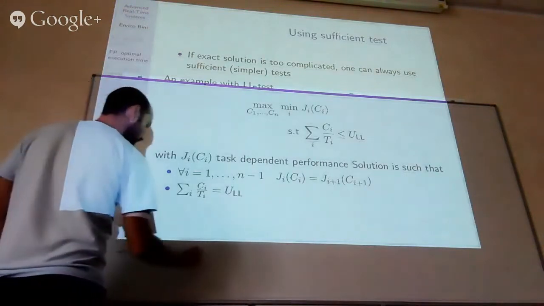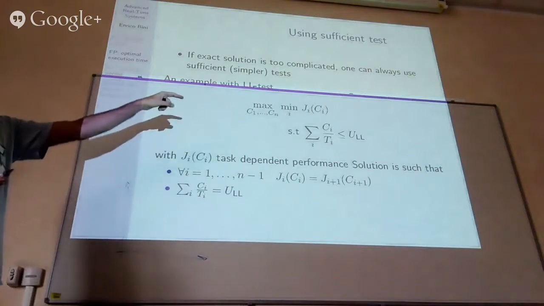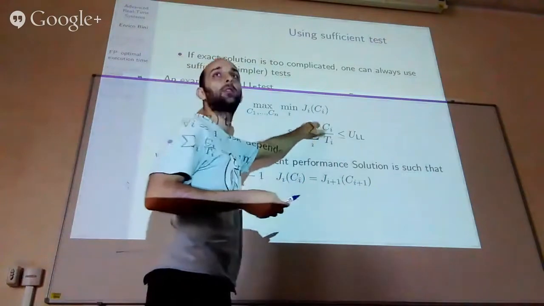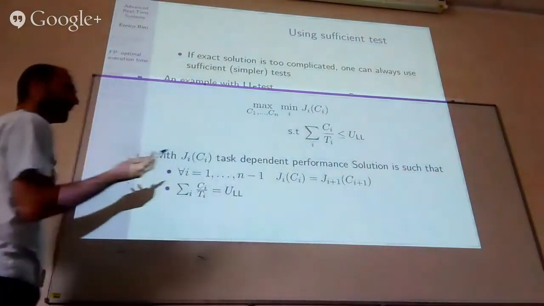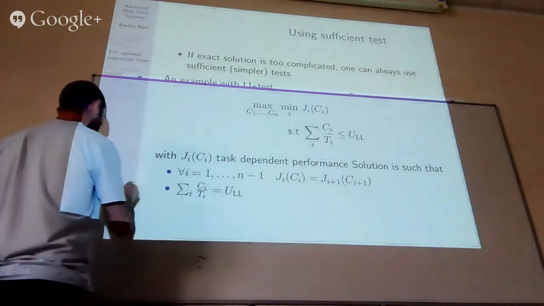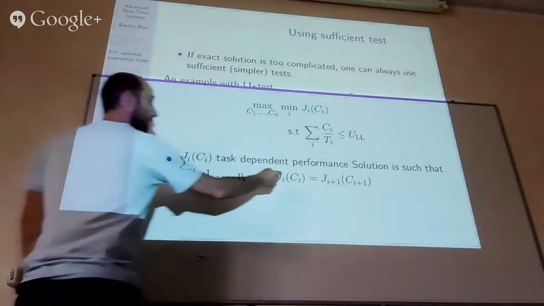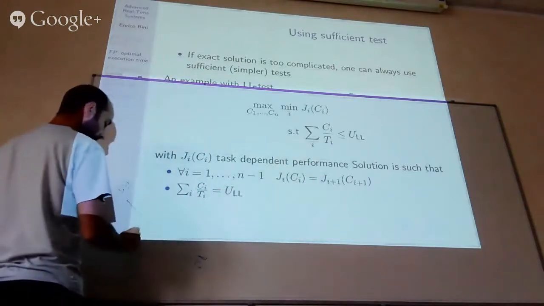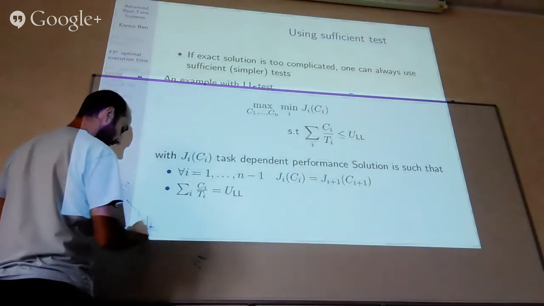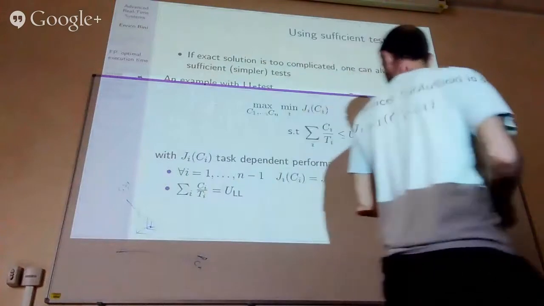If you use, for example, a linear upper bound on the utilization, this is just a linear constraint on the computation time, and that makes the problem very easy. So for example, if you have C1 and C2, the linear utilization bound is something like this. From this constraint and this constraint, with this cost, this cost, this cost, we find this point here. Something like this, very simple and easy.